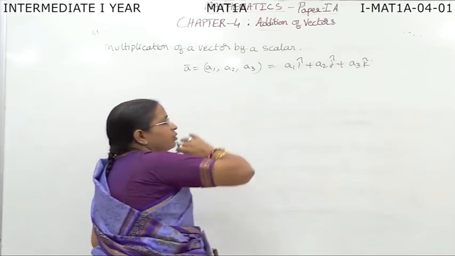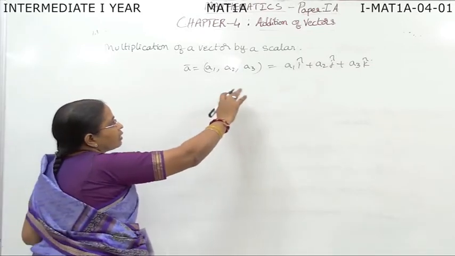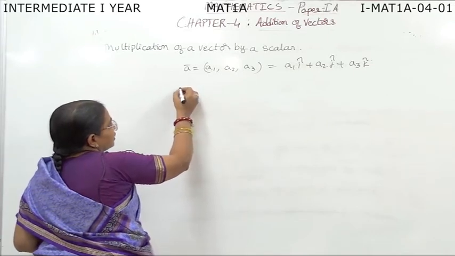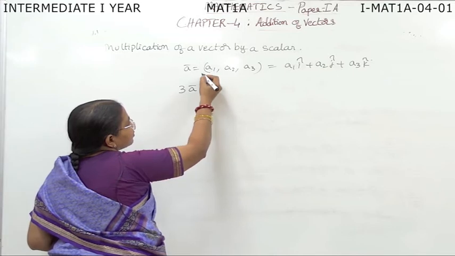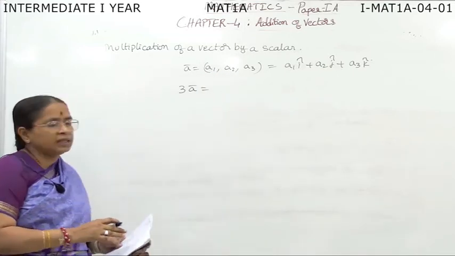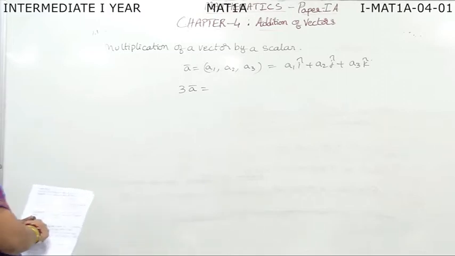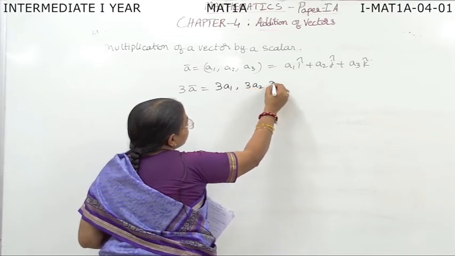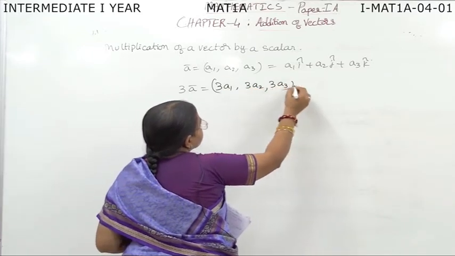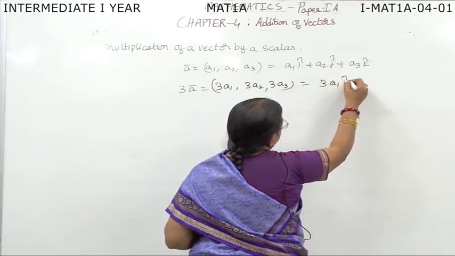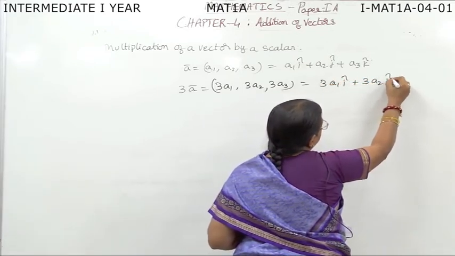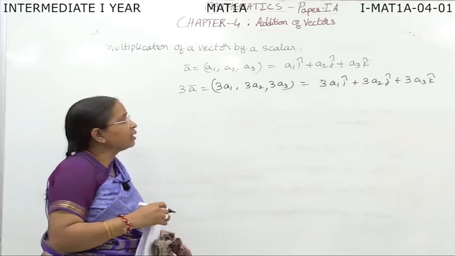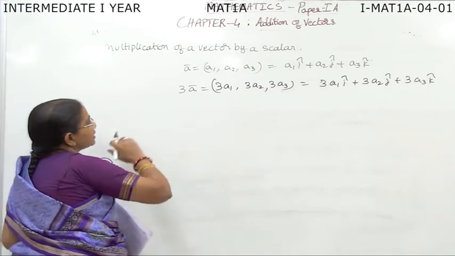In terms of i, j, k, you can write this vector as A1i plus A2j plus A3k. Now suppose I have to multiply this by some number, say 3. So 3A vector means I should multiply each element by 3. That means it is (3A1, 3A2, 3A3). In terms of i, j, k, it will be 3A1i plus 3A2j plus 3A3k. So like this, we multiply a vector by a scalar. A scalar is a real number for us.